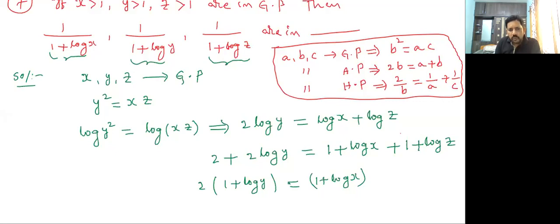2 into (1 plus log y) is equal to (1 plus log x) plus (1 plus log z). Observe this condition. This is in the form of 2b is equal to a plus c.